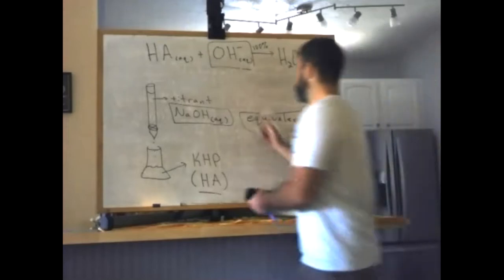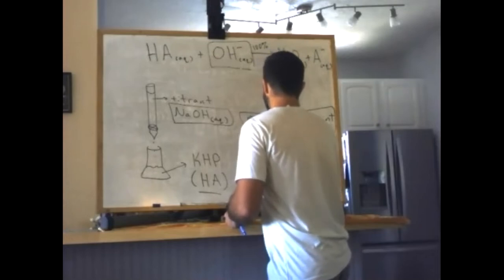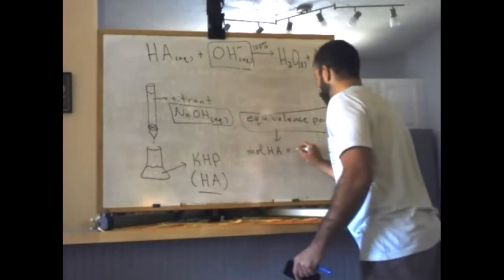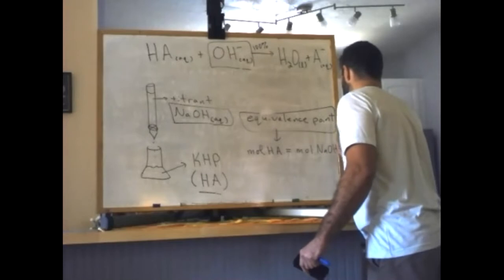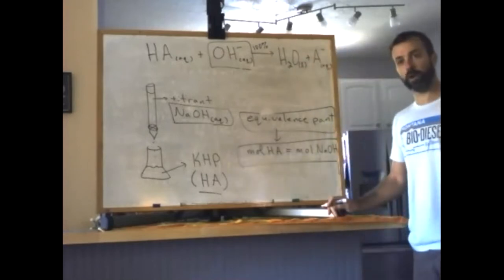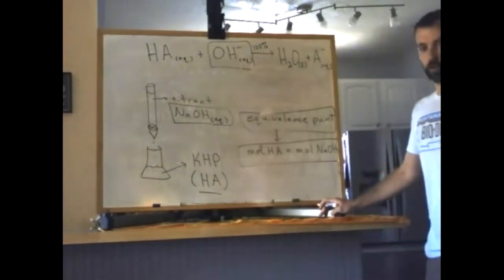Meaning, for this particular reaction, the equivalence point is when the moles of our weak acid equal the moles of our strong base. So the equivalence point is when the moles of HA equal the moles of OH minus.